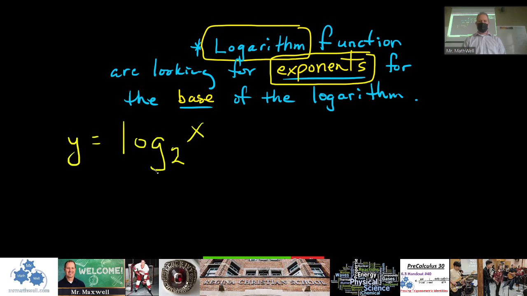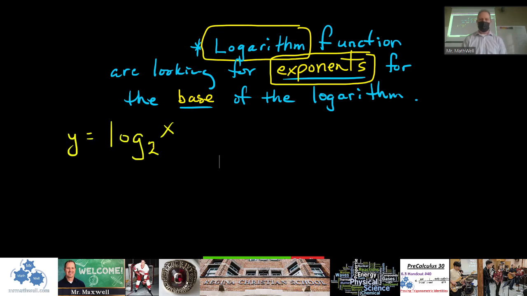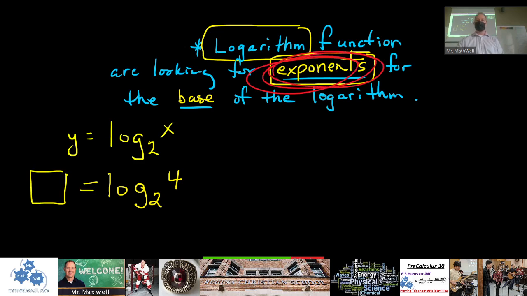Now, log of x base 2. So obviously we have a different base here. We had 10 before, we have base 2 now. You can't do this on your calculator. Most calculators don't give you a choice to alter the base. Some calculators do, but most only use the common base 10. But if I take the log of 4 base 2, what I'm actually asking for is the exponent for the base.